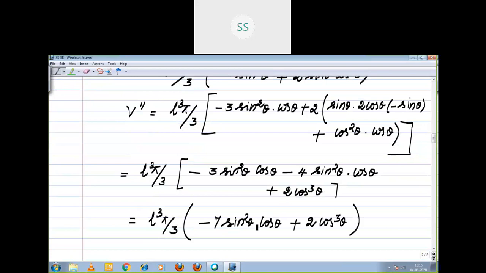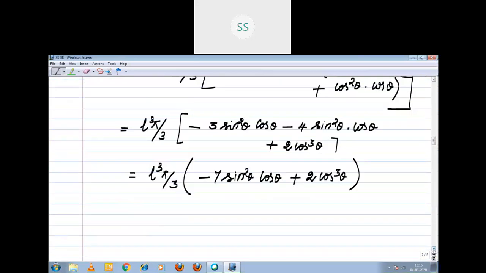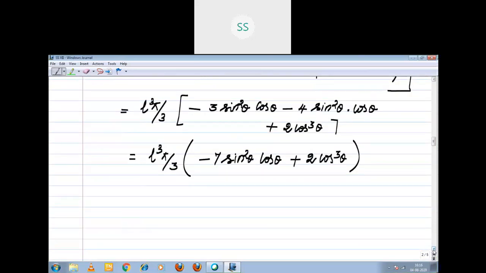Now for sin square theta, you are going to apply the trigonometry basic identity, sin square theta plus cos square theta equal to 1. That I am going to use here.